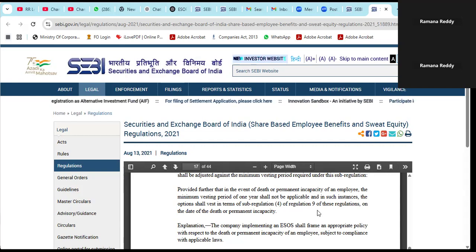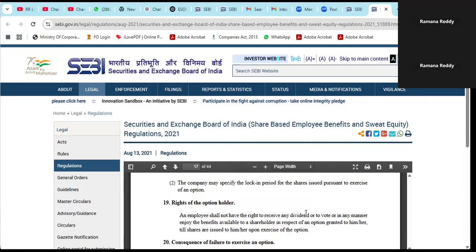The vesting period shall not be applicable, not even the 1 year mandatory vesting period in such an instance. The options shall vest in terms of sub-regulation 4 of the regulation on the date of death or on the date of permanent incapacity.